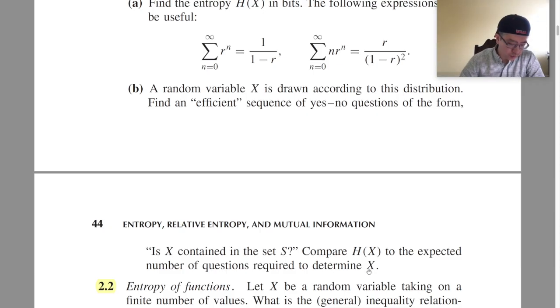Finally, we can compute the total number of questions that we ask, which is the expected number of questions, the expectation of Q. So that equals, what? Q should go from 1 to infinity, and it's Q multiplied by the probability distribution.